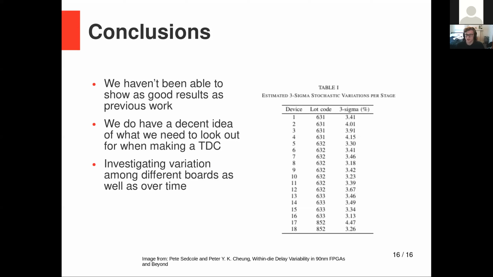And we have a decent idea of what we need to look out for when making a TDC, a time digital converter. A graduate student in our group is working on making a time digital converter just straight up. And he's actually using those full adders that were in the logic array blocks that I showed earlier, not the lookup tables. Because he can get much shorter delays with those, on the order of, I think, about 8 picoseconds.